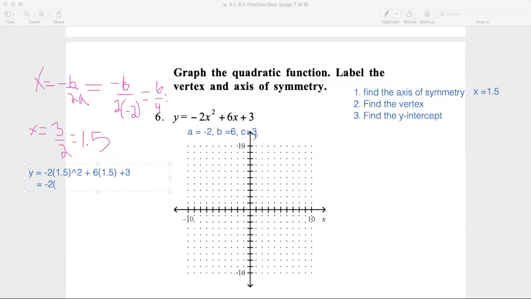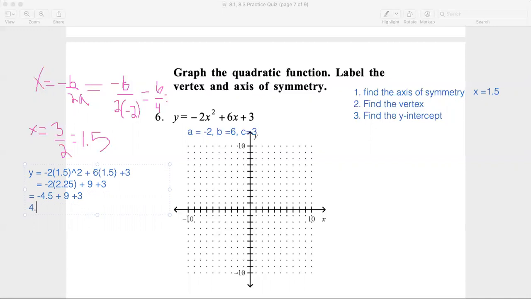It is 2.25. 6 times 1.5 is 9, plus 3. All right, so then that would equal -4.5 plus 9 plus 3.